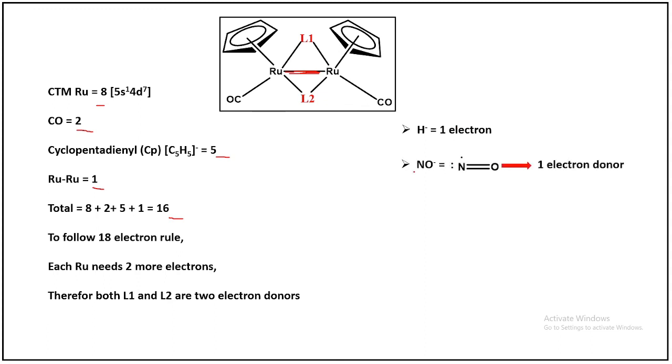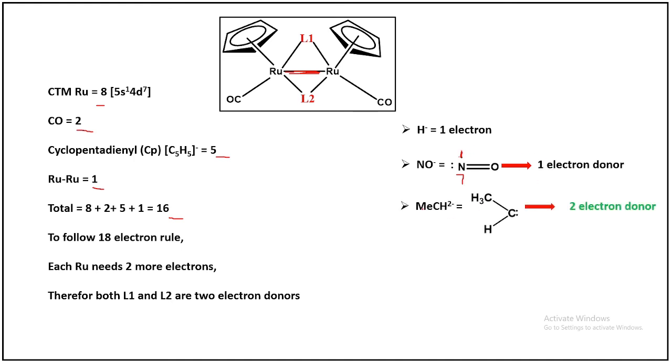The second one is NO minus. For NO, we know that nitrogen has 1, 2, 3, 4, 5, 6, 7 valence electrons. So it will try to gain 1 electron first in order to complete its octet, thus becoming NO minus. That means it will share 1 electron with the metal atom, and hence it is a 1 electron donor.